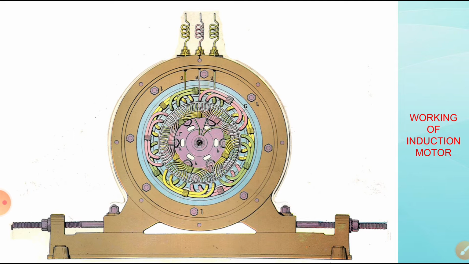In domestic use, we use induction motors for lifting sump water into the overhead tank. In agriculture, we use them in pump sets for agricultural fields. And we use this type of induction motor for industrial purposes.